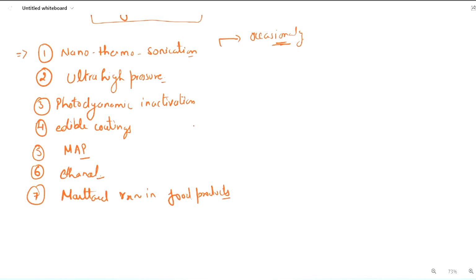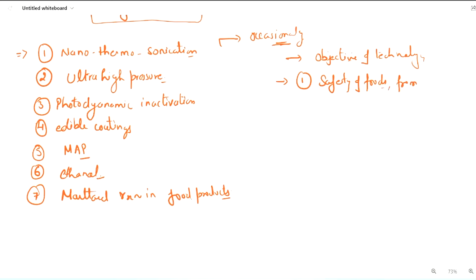And the main objective of this technology is, number one, to ensure the safety of foods from what?